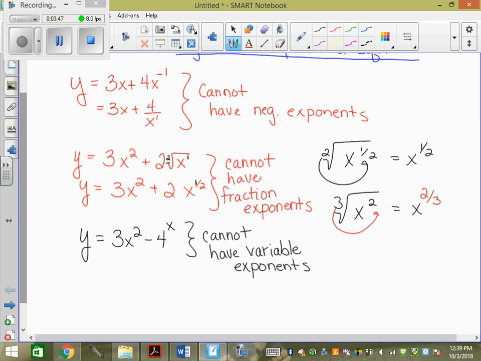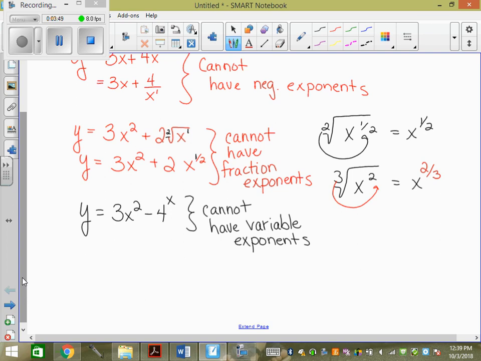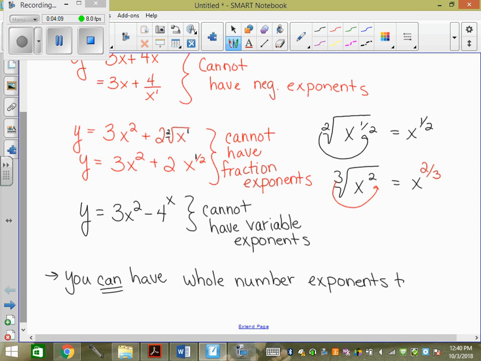So what can you have? You can have whole number exponents to make a polynomial.